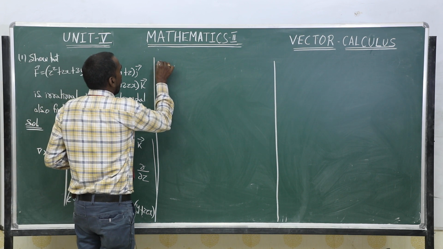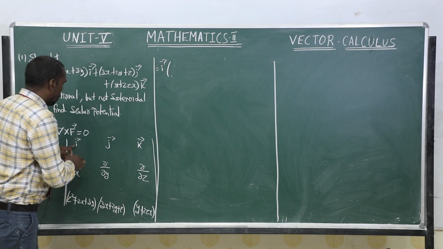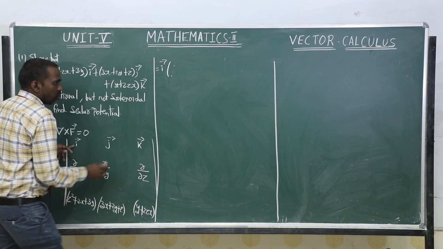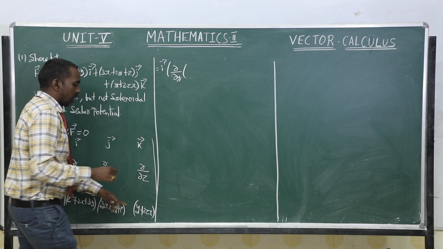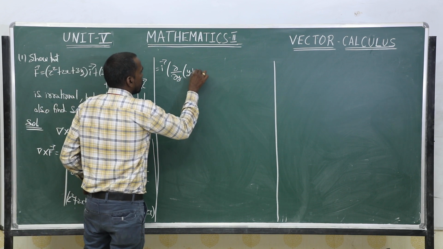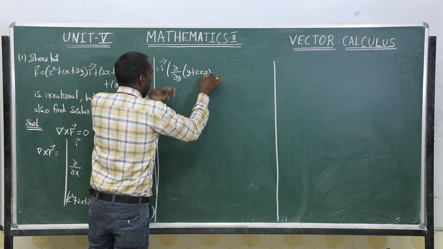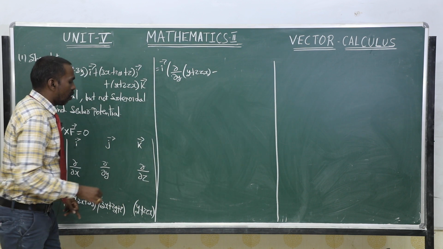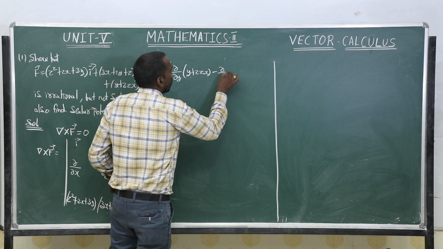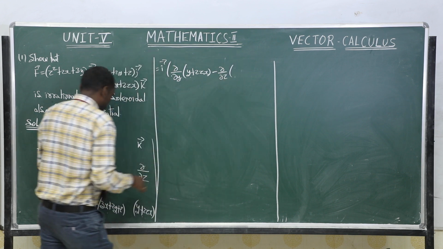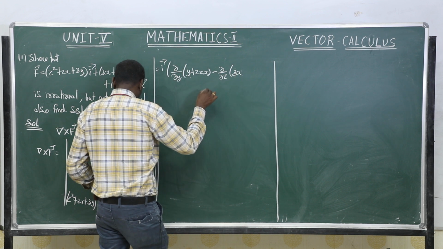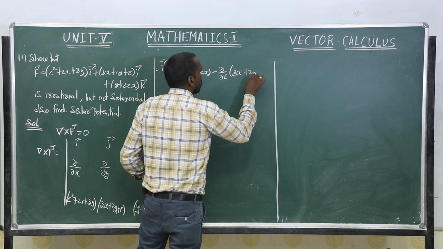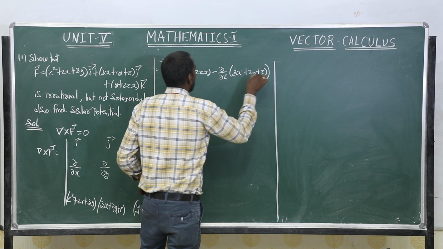So i vector into, leave out this row and this column: del by del y of this function, y + 2zx, minus del by del z of 3x + 2y + z, close the bracket.